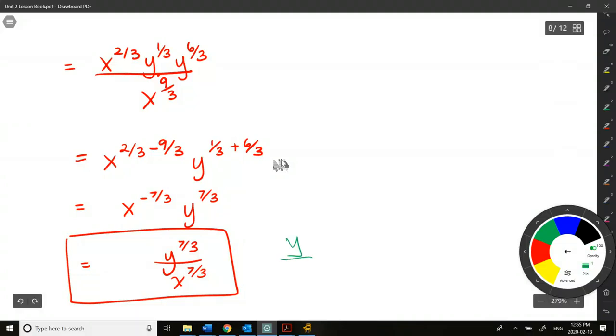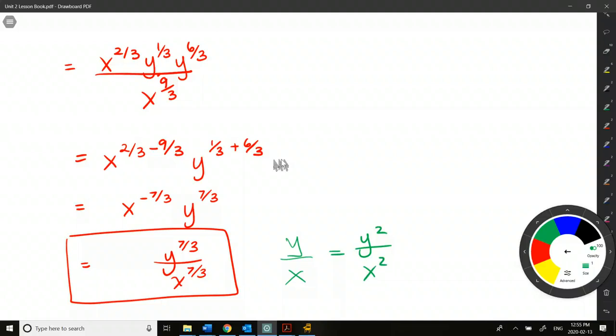Can I write this as y over x? So here's a question. If you guys agree with that, it should follow that if I have y over x, that's equal to y squared over x squared. Is this true?